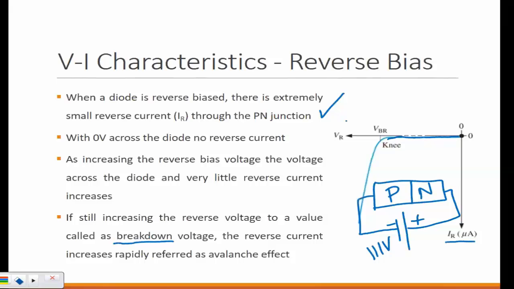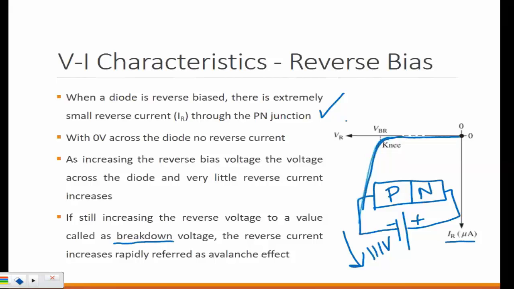What will happen is, if you keep on going up, eventually excessive heat will develop internal to the diode and it will burn up, of course. But when it does that, is the current small anymore? It is increasing beyond the breakdown, correct? That means that even in reverse bias, the diode will allow the current if you go beyond the breakdown voltage.